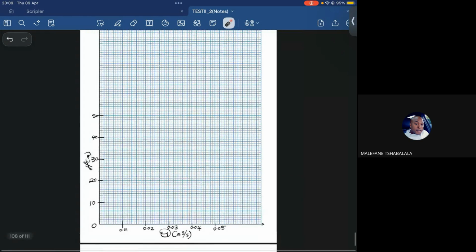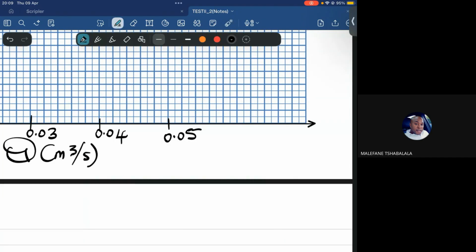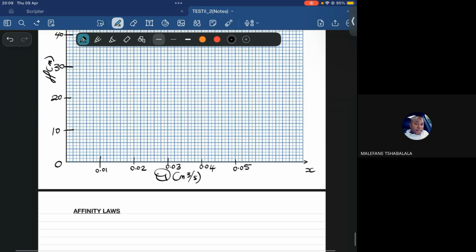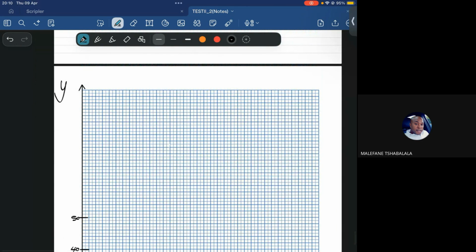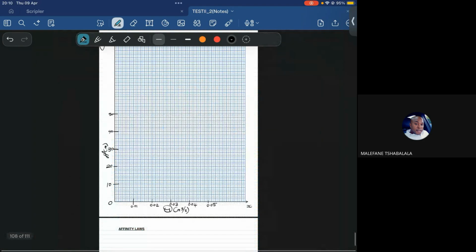I hope you guys understand this. Now we're going to plot our graph on the x-axis and the y-axis. So now let's plot our graph.